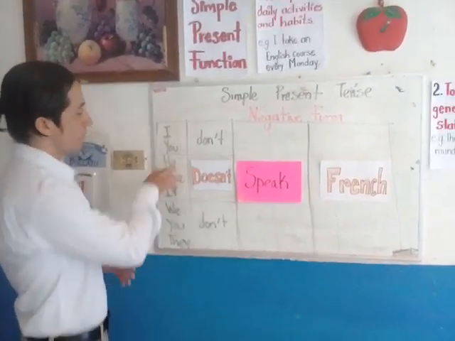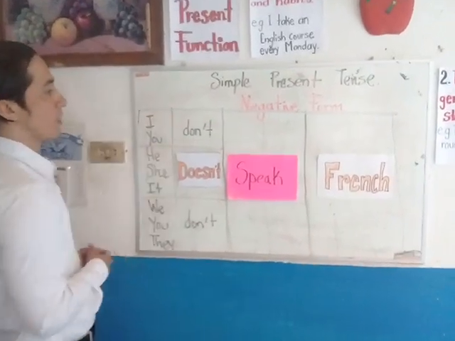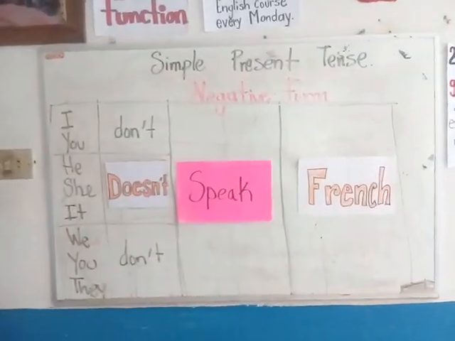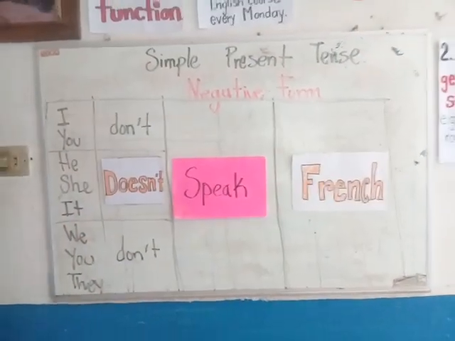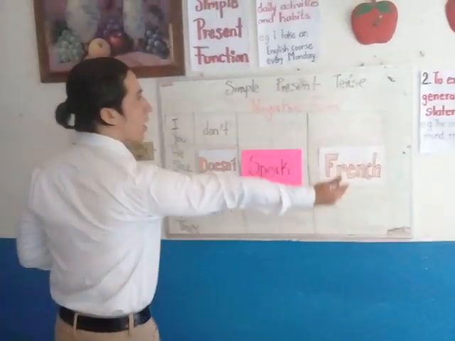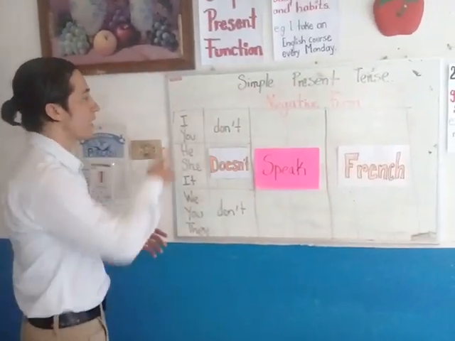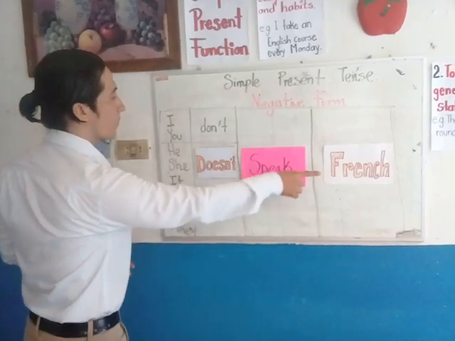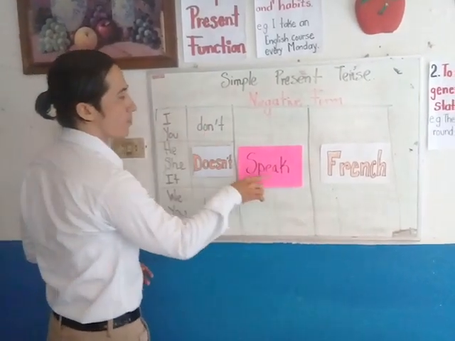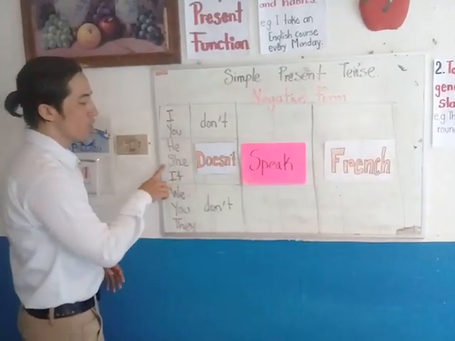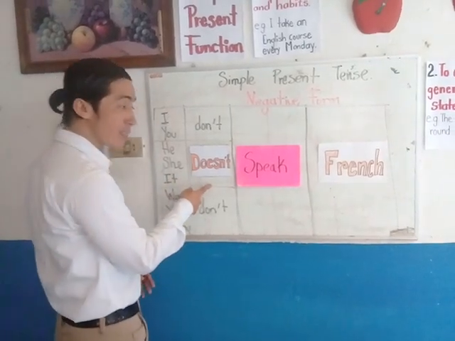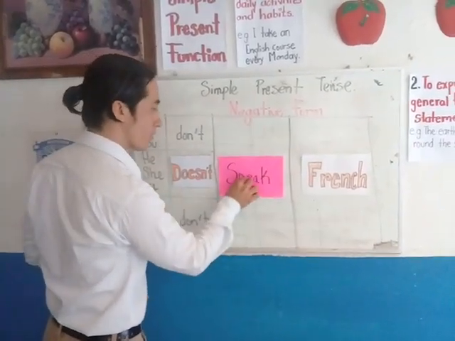In the third person, we got the auxiliaries don't and doesn't. We got our verb and our complement. So we say, I don't speak French. You don't speak French. He, she, it doesn't speak French.